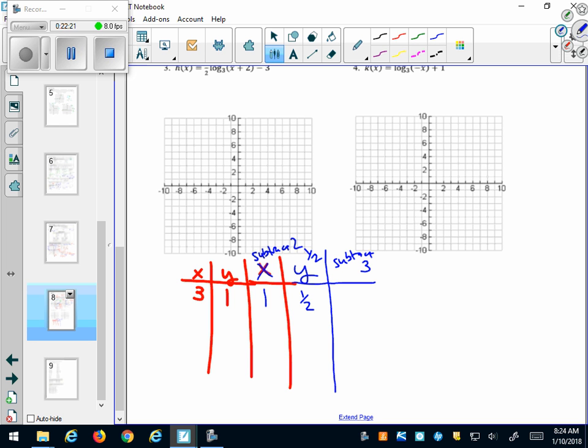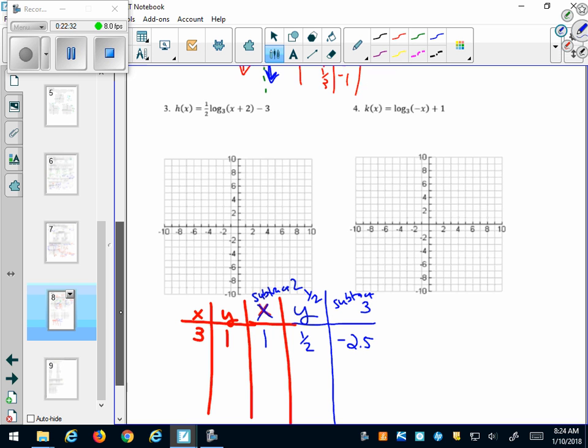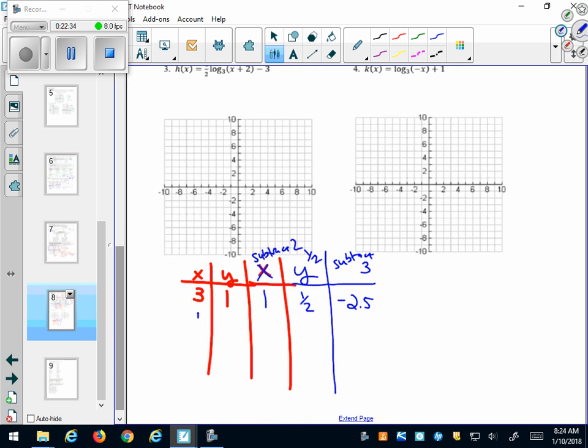Now subtract 3. 1/2 minus 3. Right? And if you do that with all of these points, 1, 0 is our original. Subtract 2, you get -1 for the x, right? Take half of the y, half of 0 is just 0, and then subtract 3, you end up with -3.